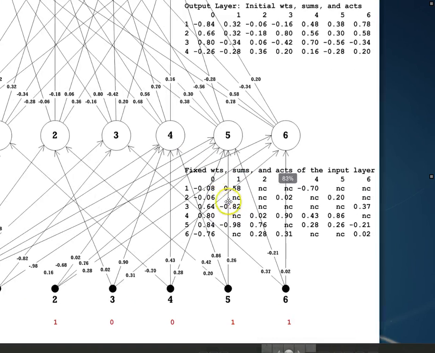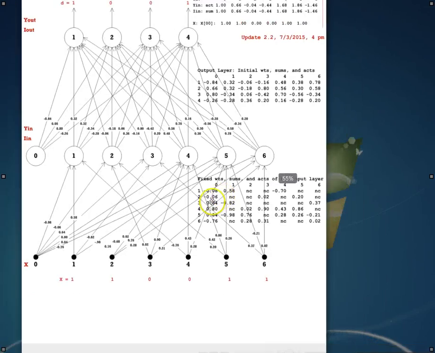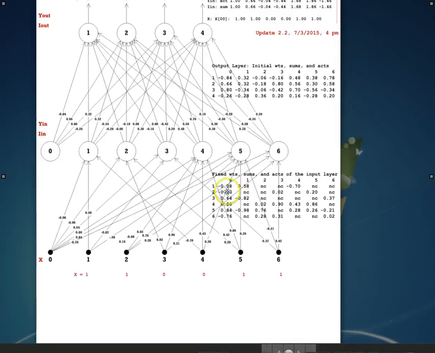Again, this weight matrix is specified as the source to the destination. In this case we have sources, indicated as W of ij. The weight from here to here is called W of 0, 6. That means the source is 0 and the destination is 6.